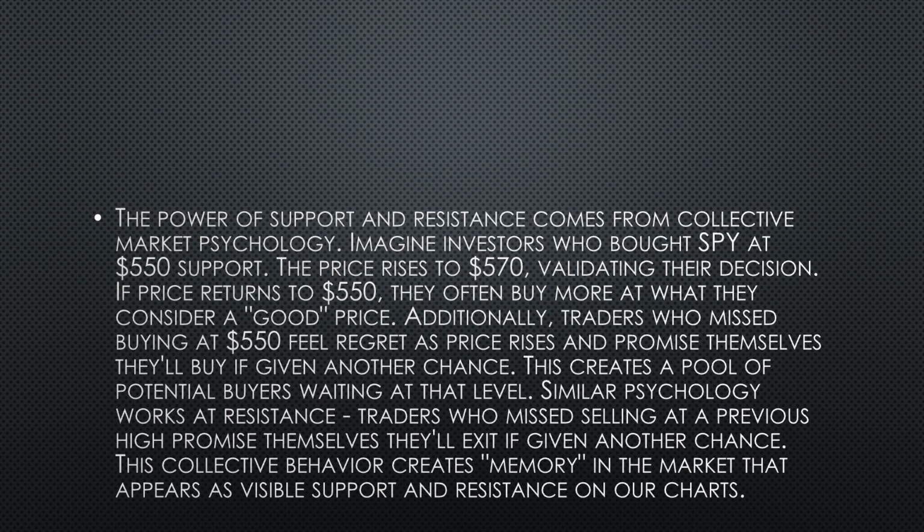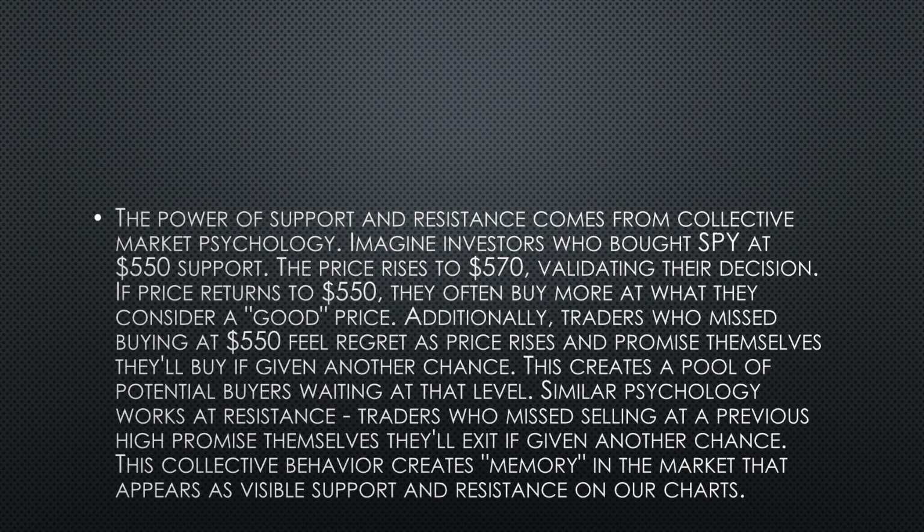Similarly, psychology works at resistance. Traders who missed selling at the previous high promise themselves that they'll exit if given another chance. This collective behavior creates a memory in the market that appears as visible support and resistance on our charts. Support and resistance aren't just lines on the chart. They reflect trader psychology.